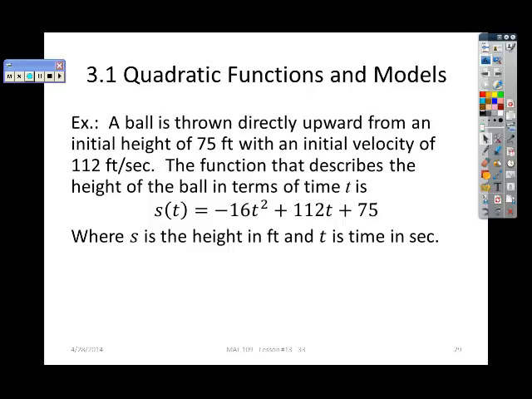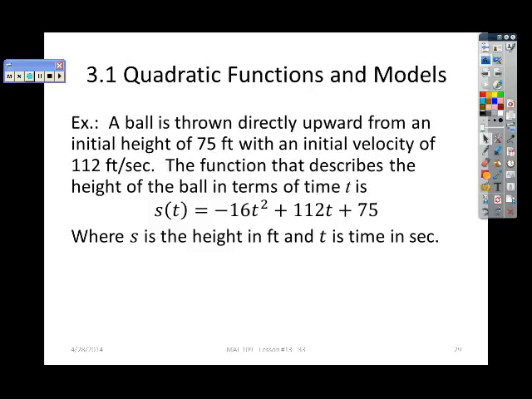And s is the height, and that's s in feet. So it's feet and seconds. This says an initial height of 75 feet. That's already been plugged in for you. So you would not be expected to come up with this equation. I'll give you the equation. You need to know how to use it. Just like in this problem.